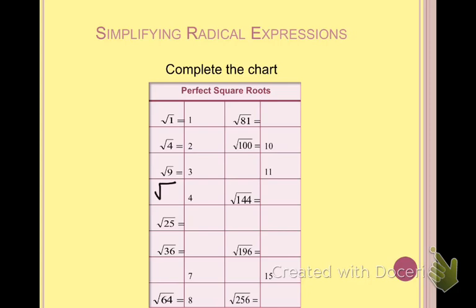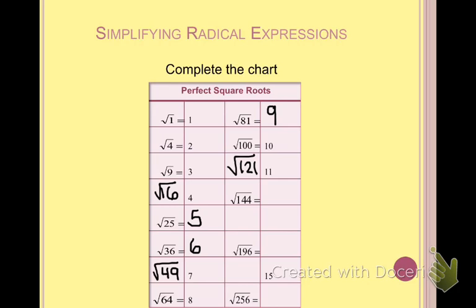The square root of 16 would be 4, because 4 squared is 16. The square root of 25 would be 5. The square root of 36 would be 6. The square root of 49 would be 7. The square root of 64 is 8. The square root of 81 is 9. The square root of 100 is 10. The square root of 121 is 11.